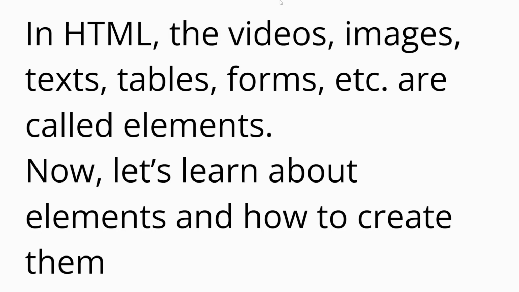When we talk about HTML, the videos, images, text, tables, forms that we need on our web page are called elements. So now let's learn about elements and then how to create them.